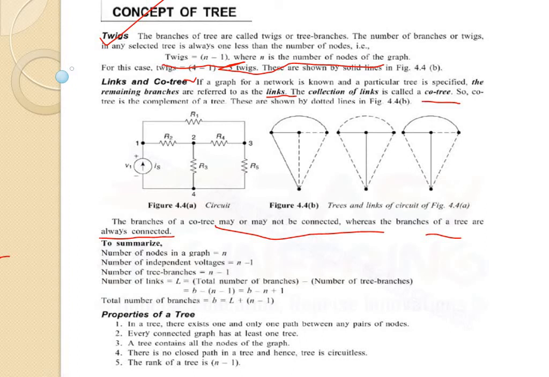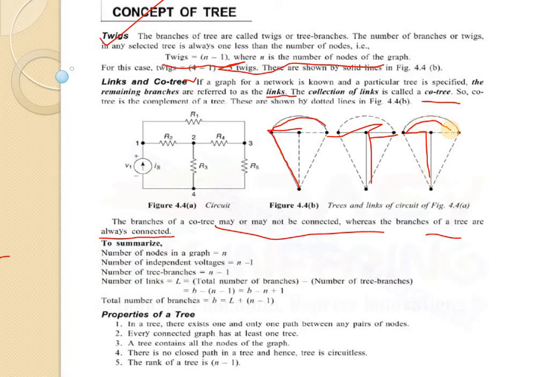Fourthly, there is no closed path in a tree, hence the tree is circuitless, and the rank of the tree is n minus 1. These are all trees. The solid lines indicate the trees of the graph. This is the tree of the graph where there is no closed path.